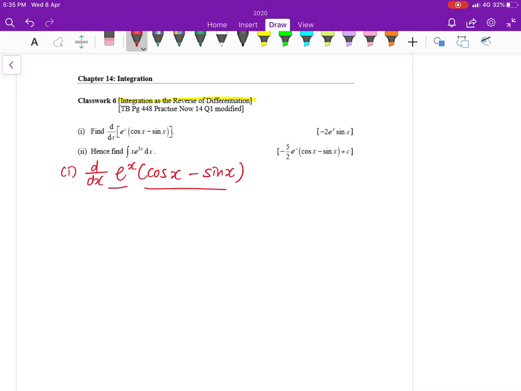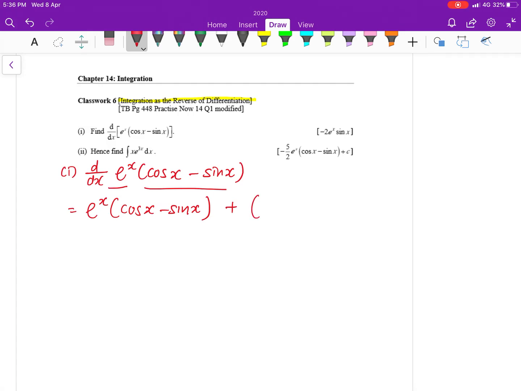So I see this as one term, and this as a second term, the second expression. Differentiate the first term, I get itself, no change. Multiply by the second term. Now I differentiate the second term.